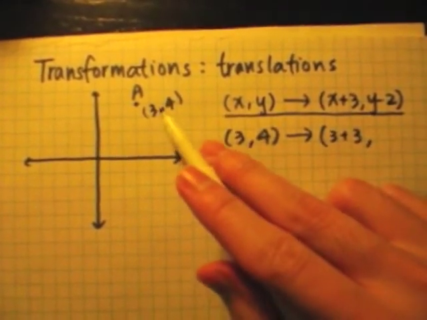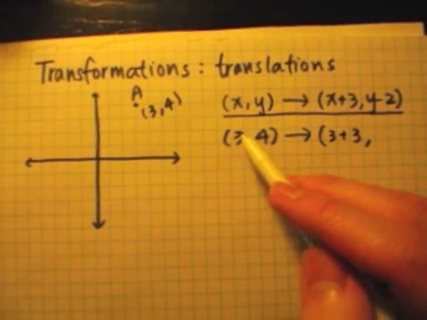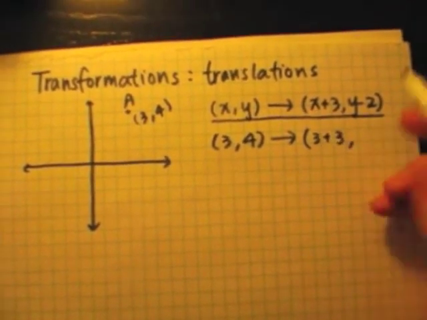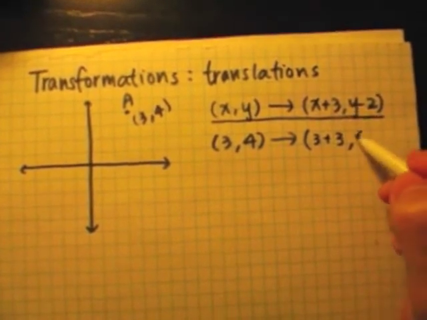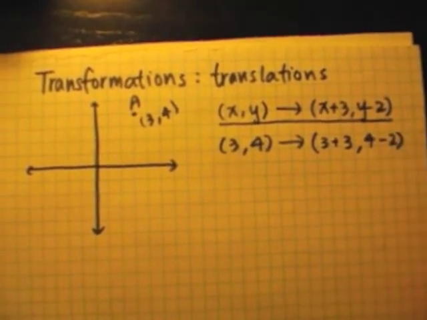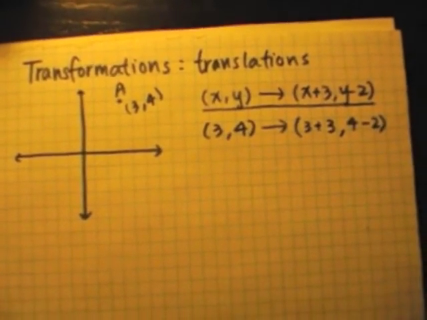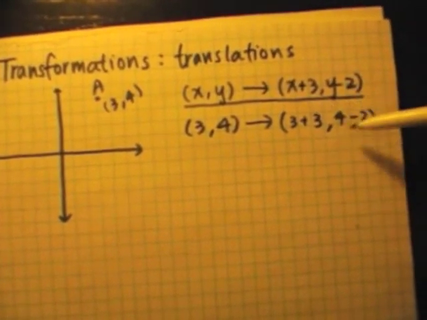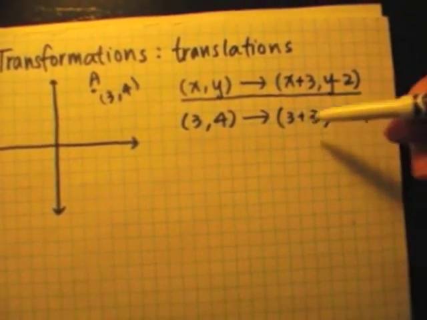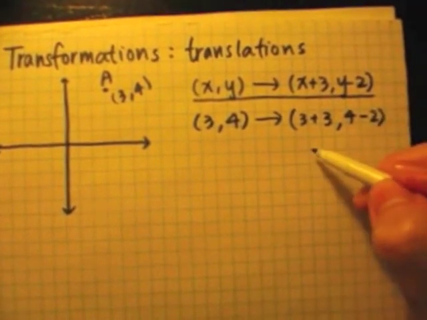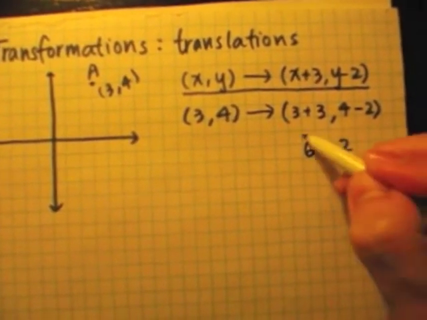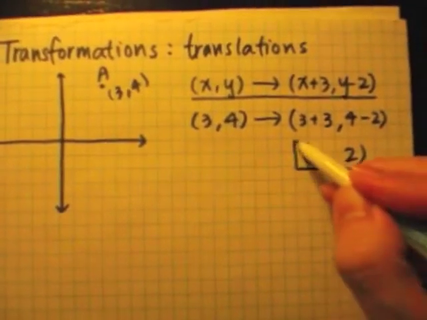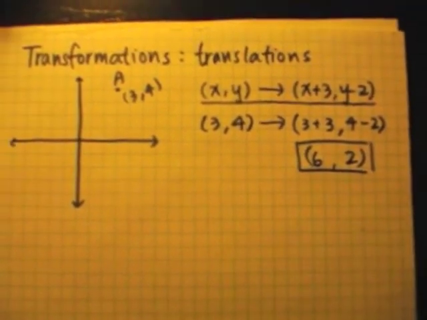I'm just substituting the values here. Now I just have to simplify our new point. 3 plus 3 is 6, and 4 minus 2 is 2. So our new coordinate is (6, 2).